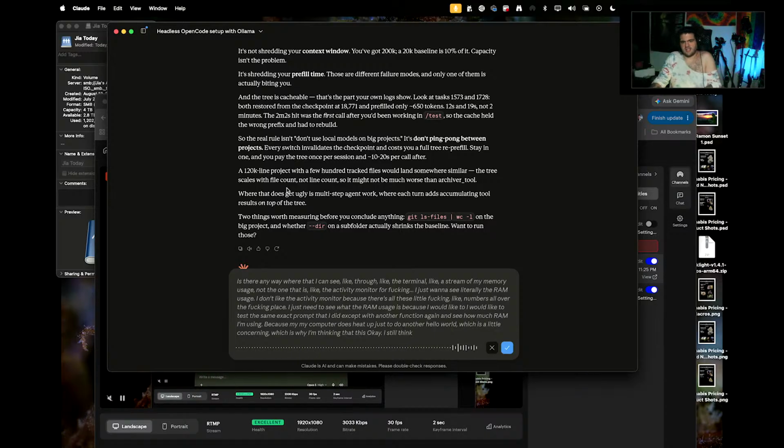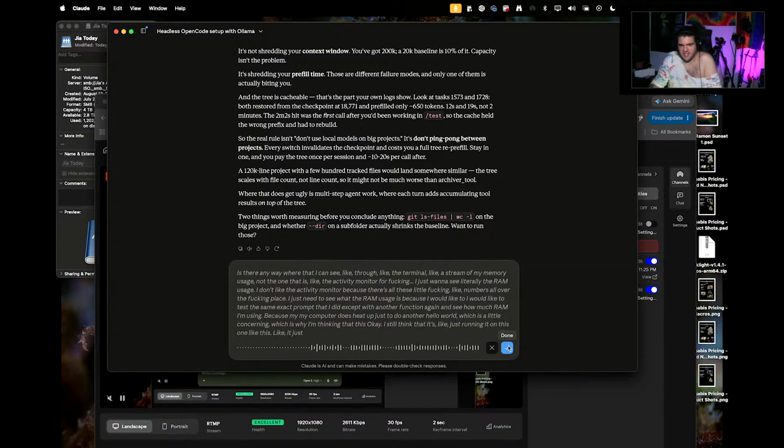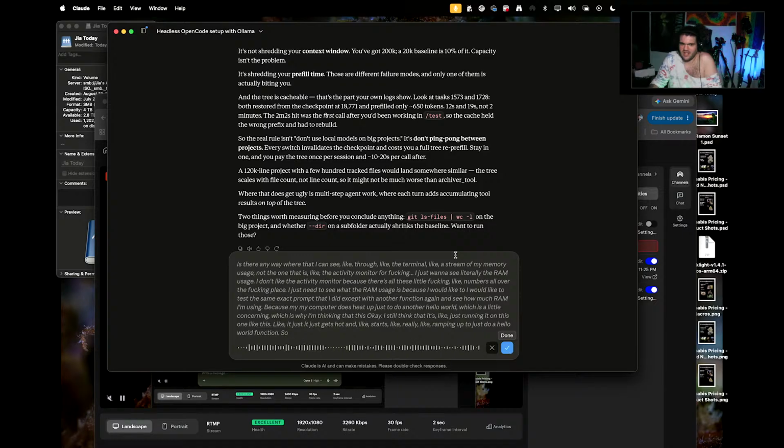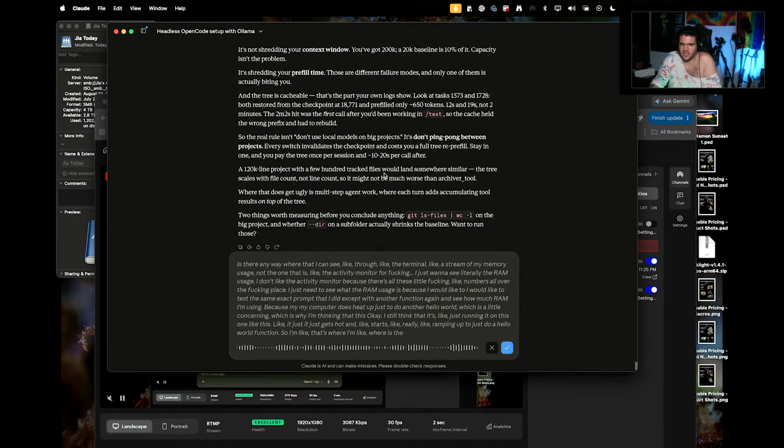I still think that running it like this, it just gets hot and starts ramping up to do a hello world function. So that's where I'm wondering where the memory is standing on this too.